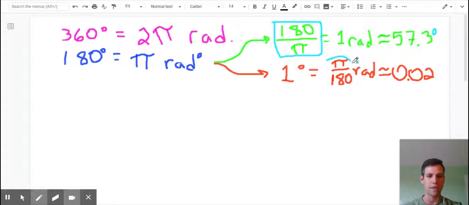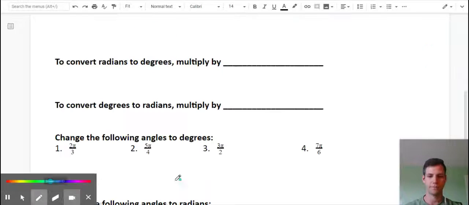So if we were going to go from degrees to radians, I need to multiply that number of degrees by pi over 180, in or not in a calculator. And the opposite, if I wanted to go from radians to degrees, I would just need to multiply by 180 over pi. You could set that up as a unit conversion like you might see in a chemistry class, or just do some simple multiplication with fractions like you would do in any other math class.